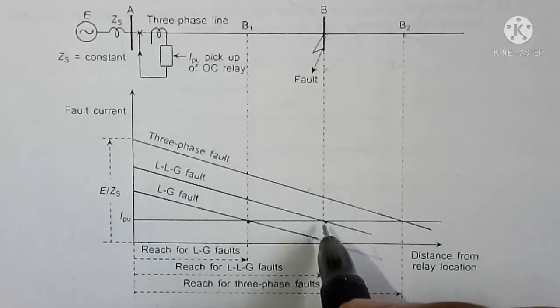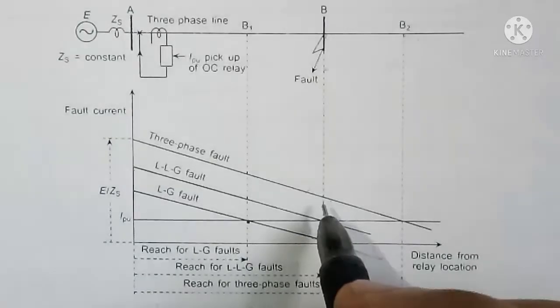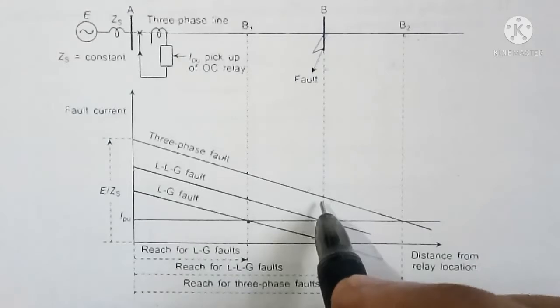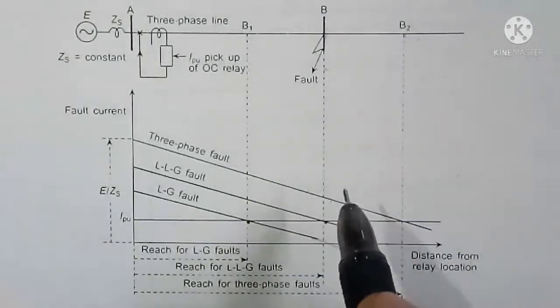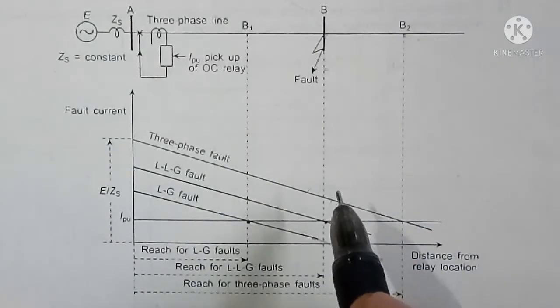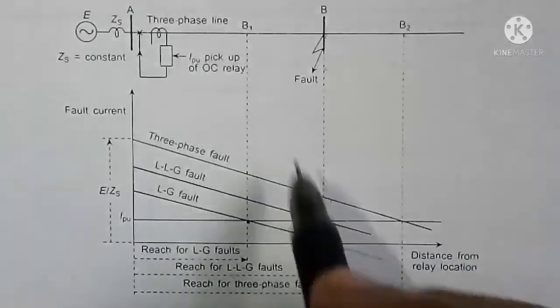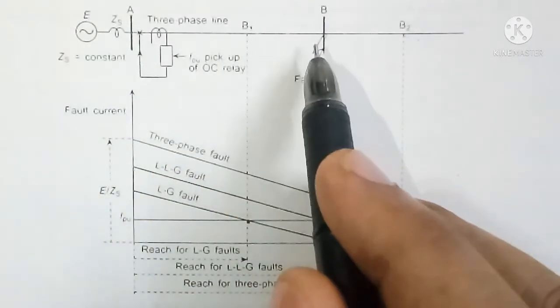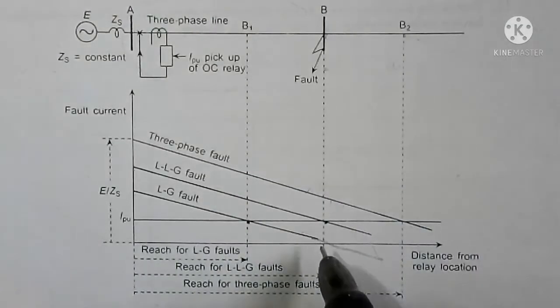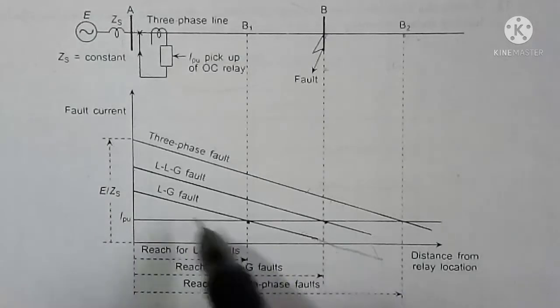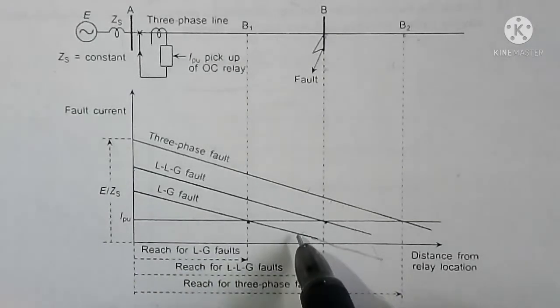The relay operates only for 2LG fault and three-phase fault occurring up to bus B. That means these two faults may occur anywhere between bus A and B for relay to operate. But the relay won't operate for LG fault as the pickup current is more than LG fault current.